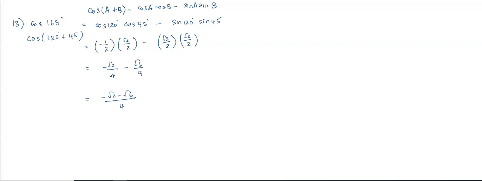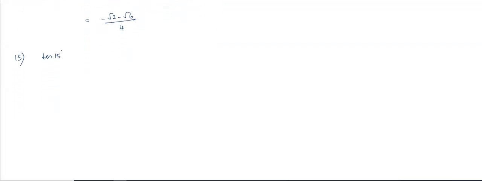Now question number 15 was to find tangent 15 degrees. Now I'm going to look at 15 degrees. It is not a unit circle angle, but it is a combination of two unit circle angles, such as 45 and 30. So this is one possibility. You could have even done 60 minus 45 or whatever it is that you want.